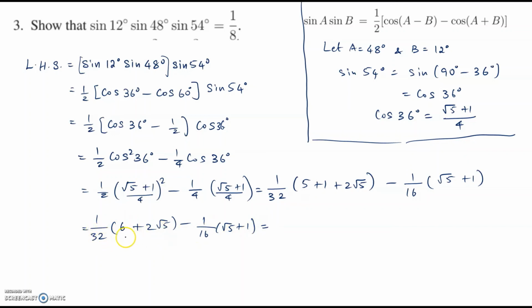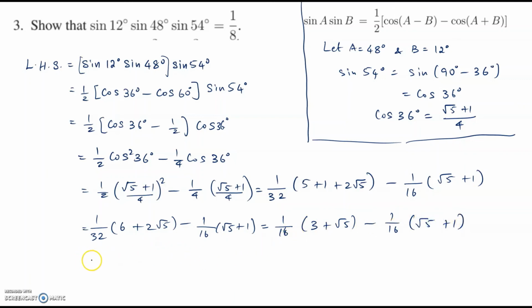Now simplifying this term, removing the common terms, you can rewrite this as 1 by 16 into (3 plus root 5) minus 1 by 16 into (root 5 plus 1).